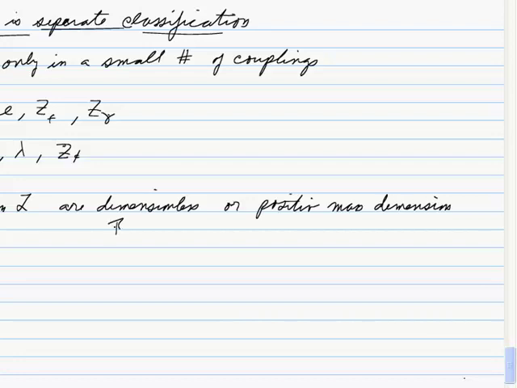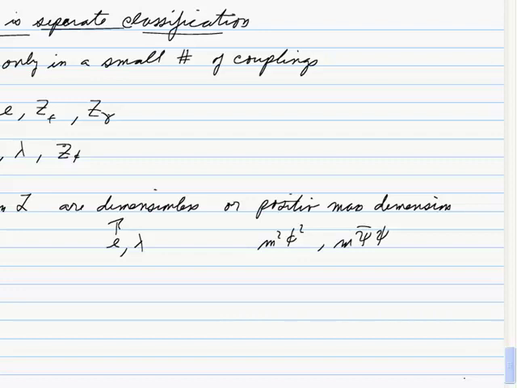Dimensionless coupling constants are like e or lambda, those are dimensionless. Positive mass dimensions are things that look like m squared phi squared, or m psi bar psi. So they have positive powers of the masses when you count things.